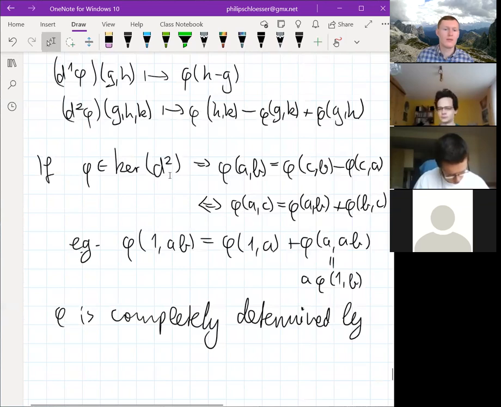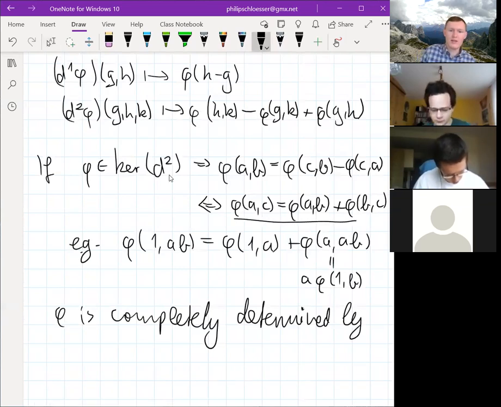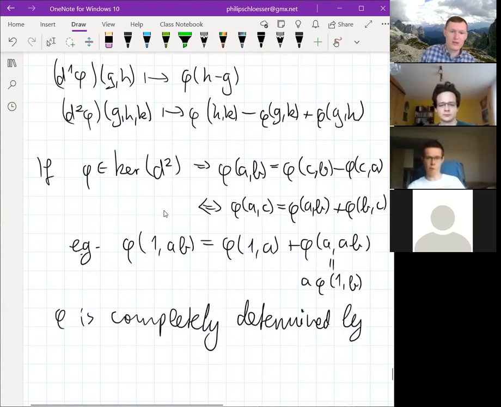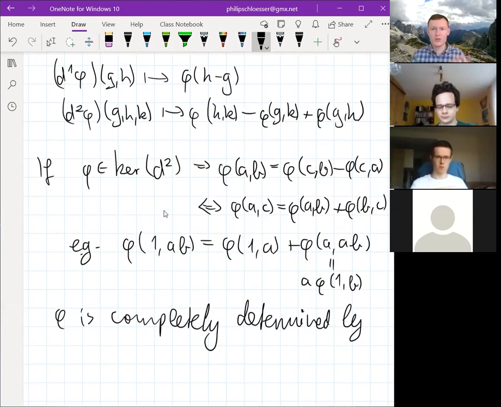No, that is exactly that thing. We've said before that if phi is in the kernel of D2, we say that phi is a 2 co-cycle, which is exactly that condition here. Okay, so we want to describe the cohomology groups. We first describe the co-cycles and then the co-boundaries, and then we see what the quotient looks like.